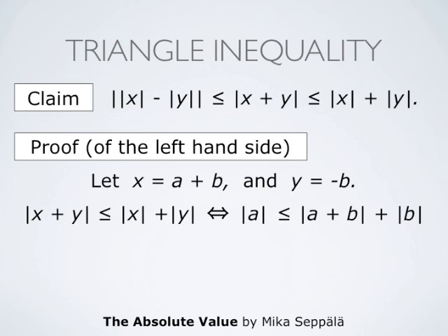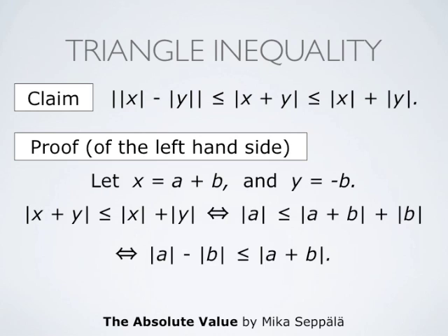And the absolute value of x is the absolute value of a plus b, and the absolute value of y is the absolute value of negative of b, which is the same as the absolute value of b. This means that the absolute value of a plus b is greater than or equal to the difference, the absolute value of a minus the absolute value of b.